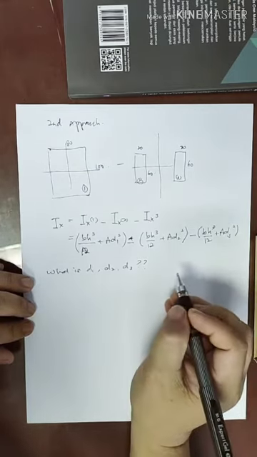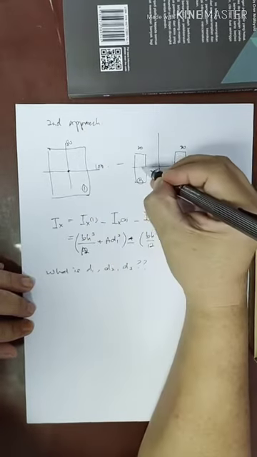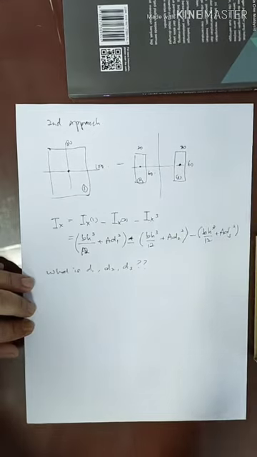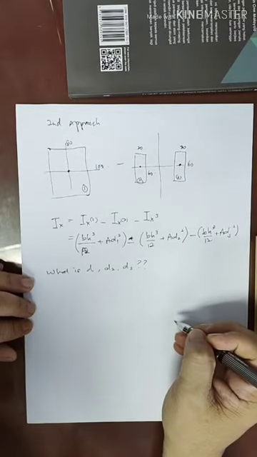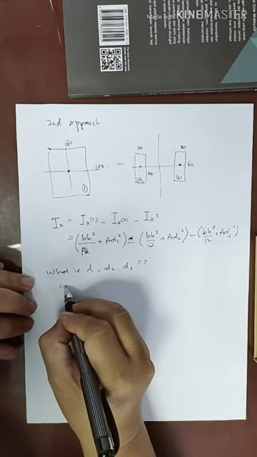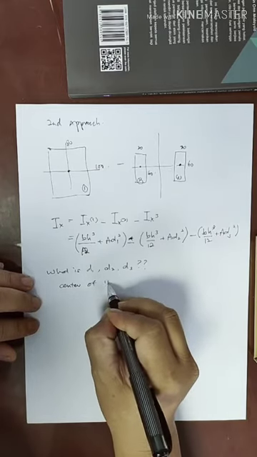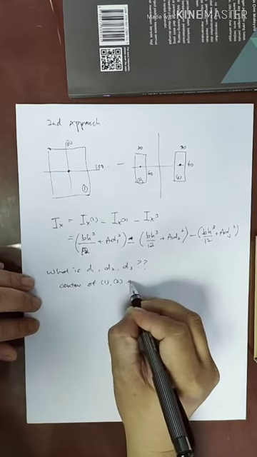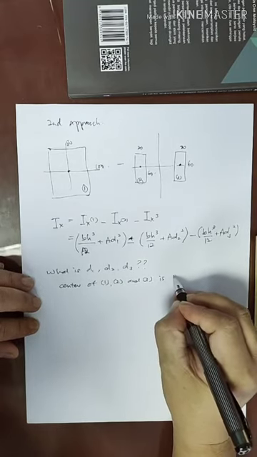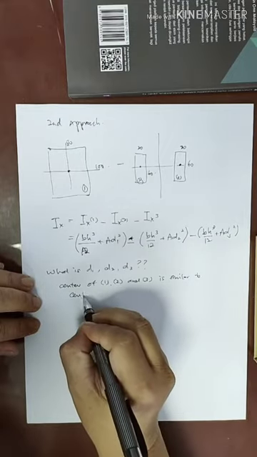In this case, all the points happen to be at the same centroid point. So the centers of 1, 2 and 3 are similar to the centroid.